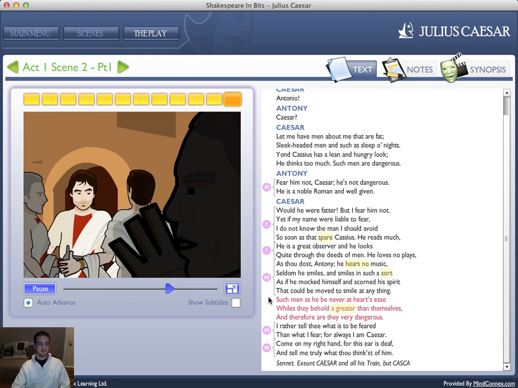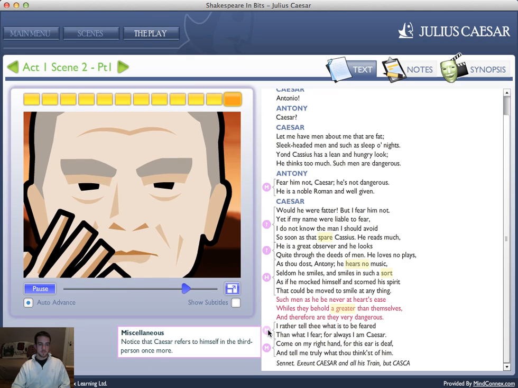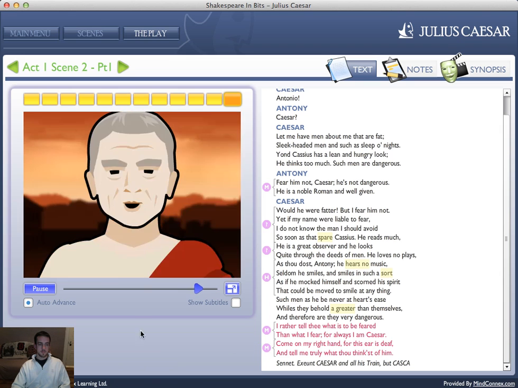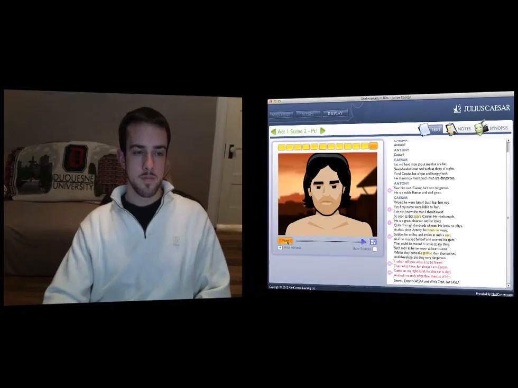Such men as he be never at heart's ease whilst they behold a greater than themselves, and therefore are they very dangerous. I rather tell thee what is to be feared than what I fear, for always I am Caesar. Come on my right hand, for this ear is deaf, and tell me truly what thou thinkst of him.